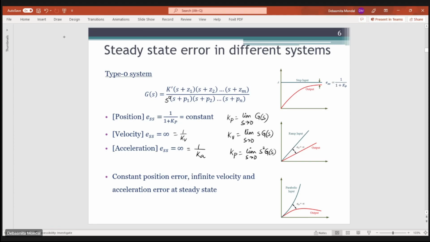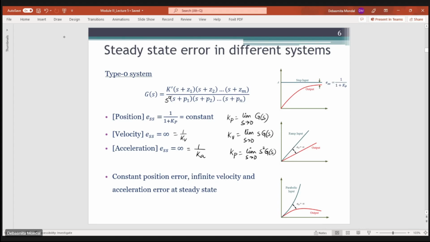If you see the plots for this system, this is a type 0 system. For a step input, this is how the output changes with time. You see that there will be a finite steady state error, and that value will be given by 1 by 1 plus Kp.